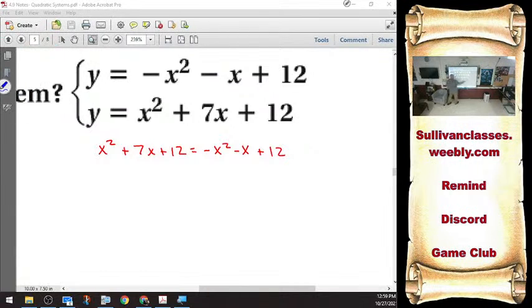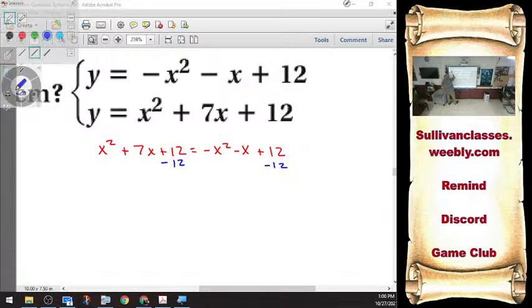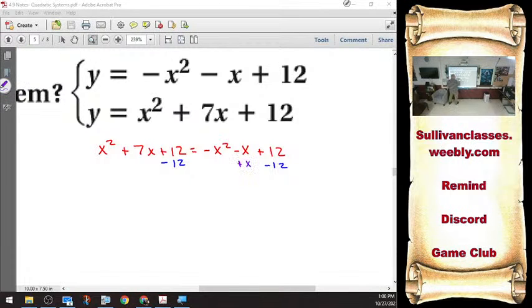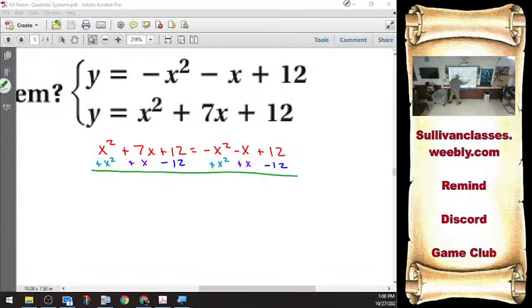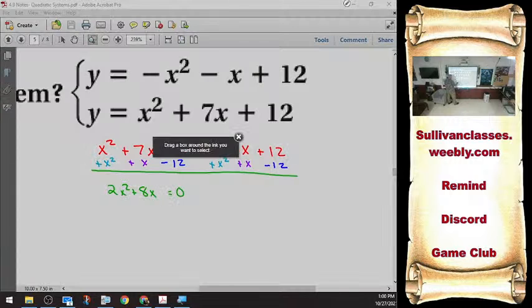If I subtract 12, add x, and add x squared, I now have 2x squared plus 8x is 0.